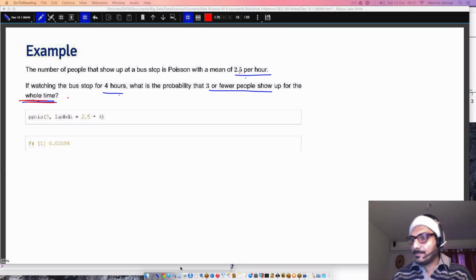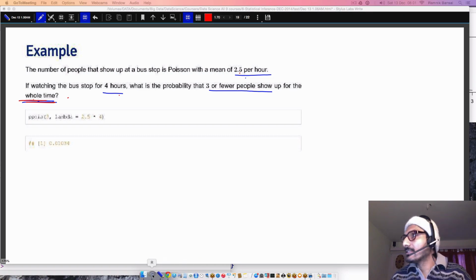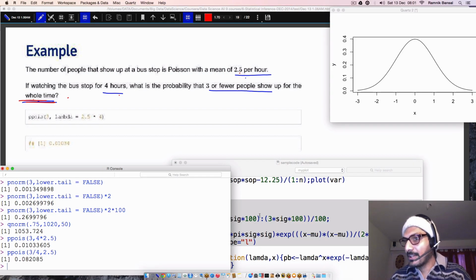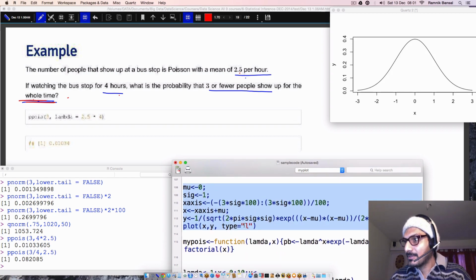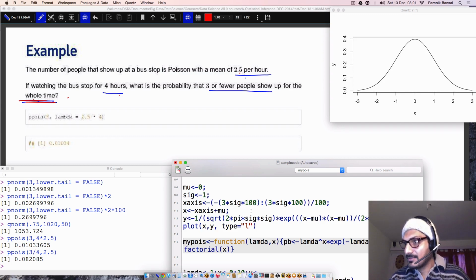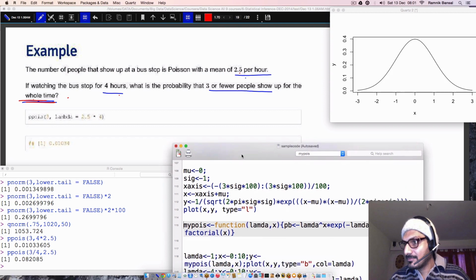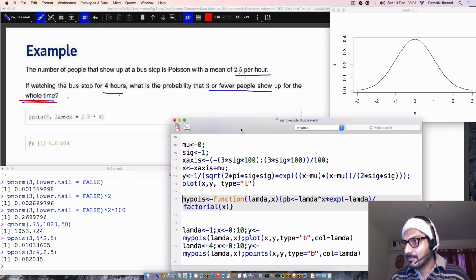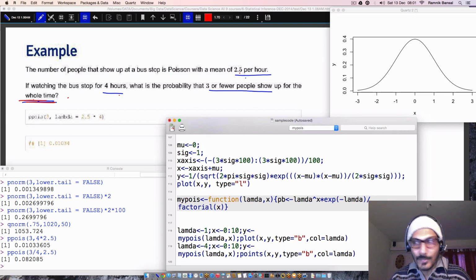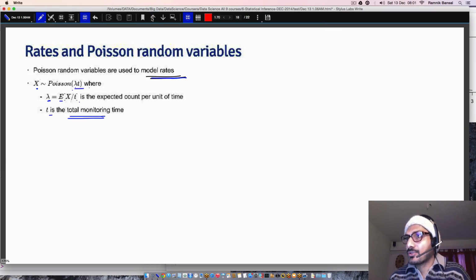Let me go a little further. What I've done here is I've created a function called myPois, and this function is based on the formula that we had.